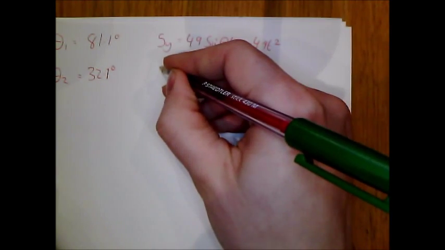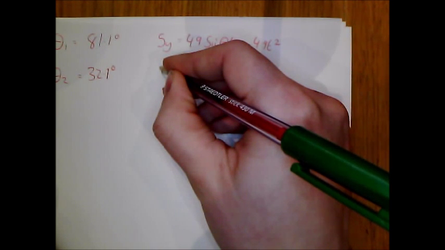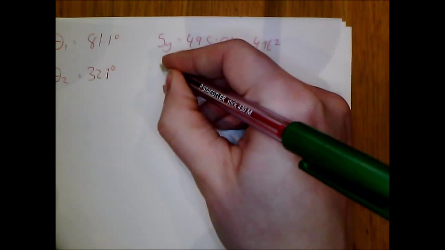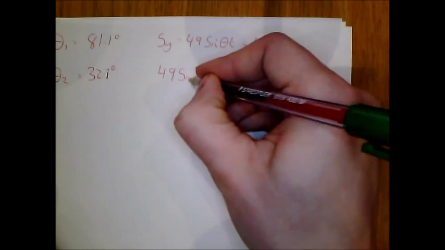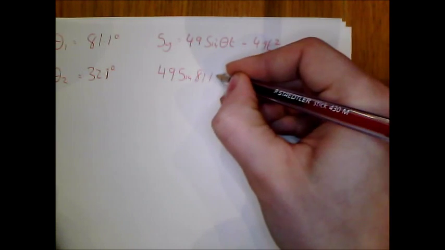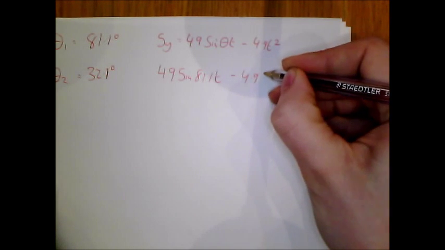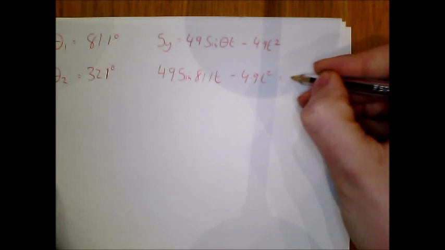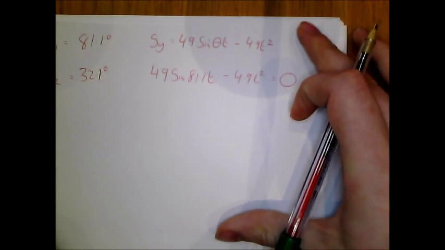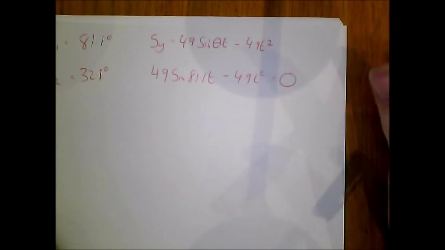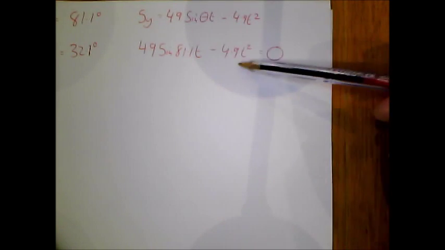So 49 sine 81.1, lots of t, minus 4.9 t squared equals 0, because we want the time that it hits the ground.